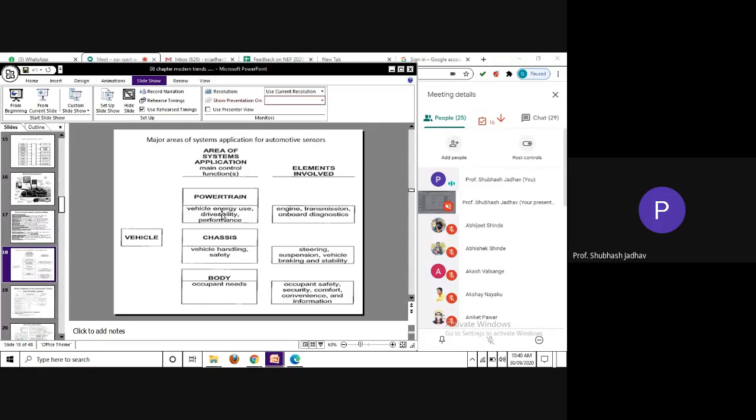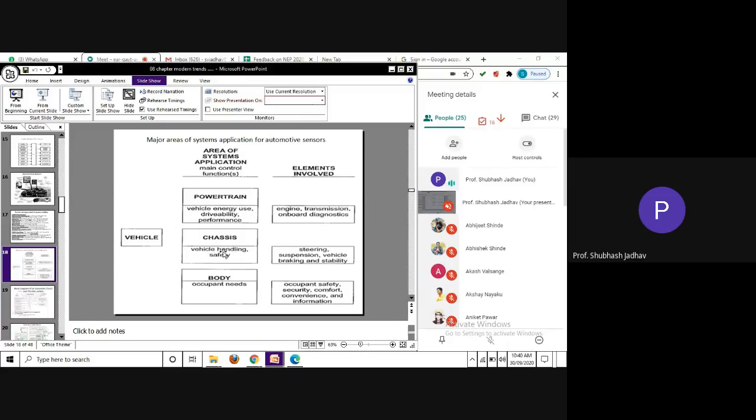When powertrain related things are supposed to be controlled, the elements included are engine, transmission, etc. So here how much vehicle energy is required, whether the speed and drivability are better, whether you are going for a harsh drive or a soft drive, whether the performance is better or poor. All these are engine related components of this powertrain.